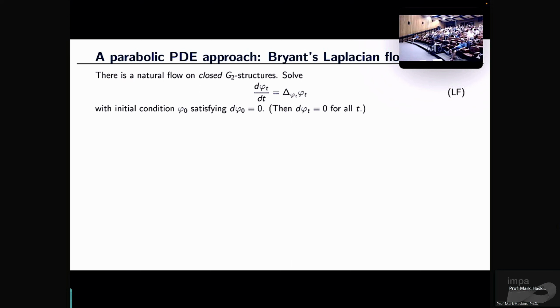We say that something solves Bryant's Laplacian flow if the time derivative of this one-parameter family of closed G2 structures evolves by just the Laplacian of that 3-form. And so if we start with something that is closed, then throughout this evolution, the family of forms will stay closed.